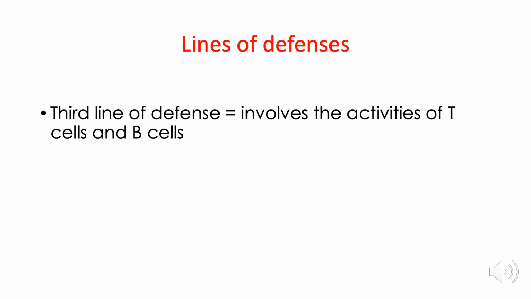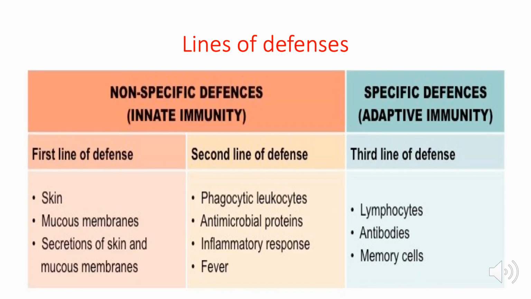The third line of defense involves now the actions or functions of your T cells and B cells. And we will have a separate discussion on this one in our next lecture. So let's have a review. You have three lines of defenses, two of which fall under non-specific immunity, and these are the first line and second line of defenses.